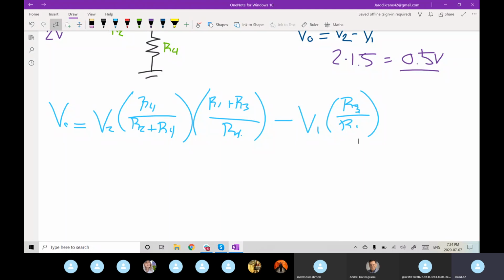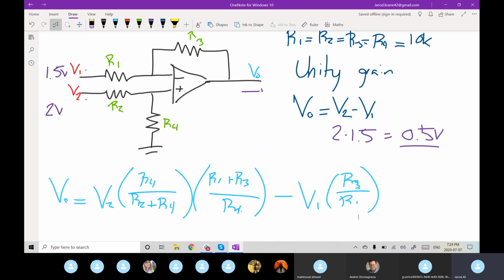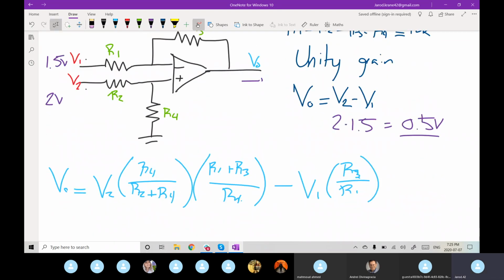The more typical setup is when we have R1, R2 equal, and then R3, R4 equal.